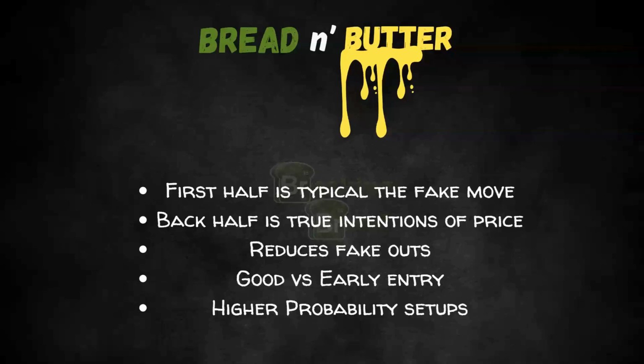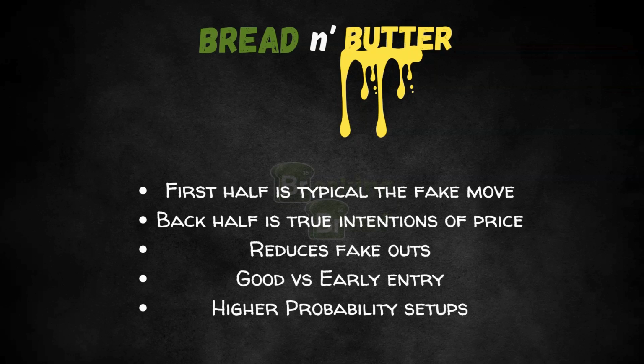All right, so some of the things we talked about in this session: the first half is typically your fake move, right? So we understand if price is headed to the upside, it's probably going to head to the downside first. Go get some lows, go get some gas, trap some traders in some trades, right? It's normally going to do that the front half of that candle. But it's that back half where the true intentions of price come in, right?